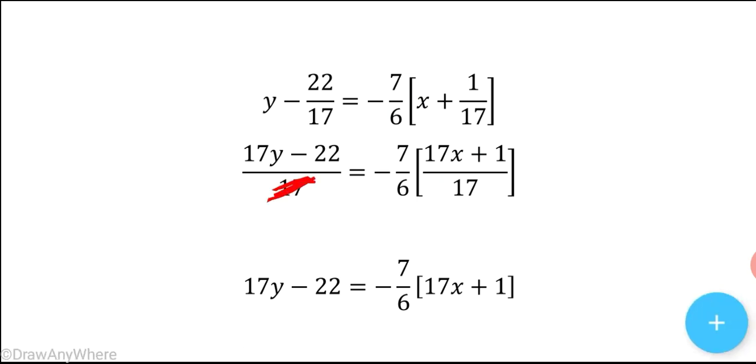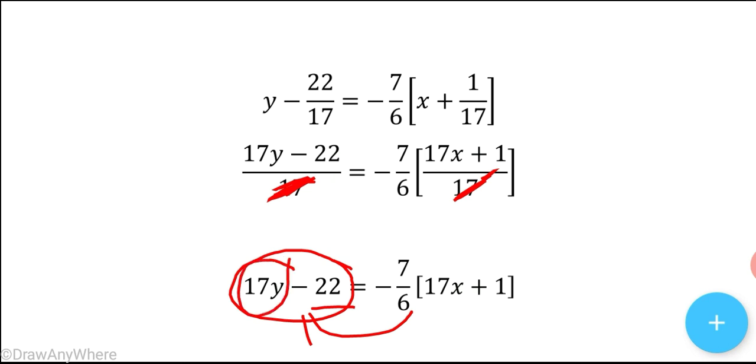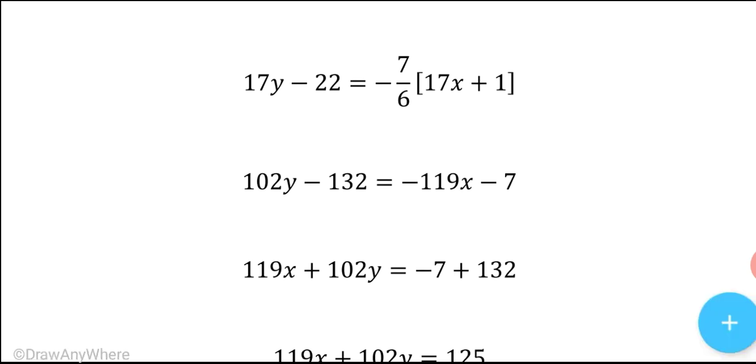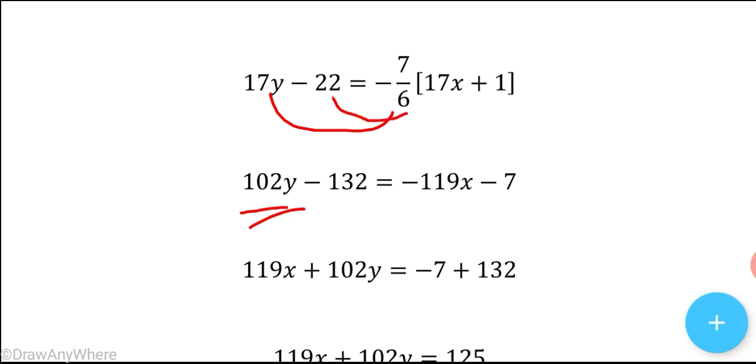Now multiply this 17y minus 22 by 6. 6 into 17y will be equal to 102y, and minus 22 into 6 equal to minus 132. Minus 7 into 17x equal to minus 119x, and minus 7 into 1 will be equal to minus 7.